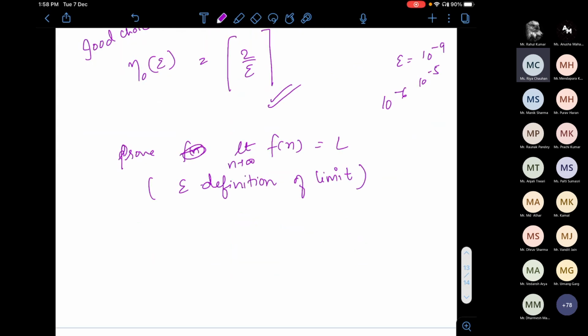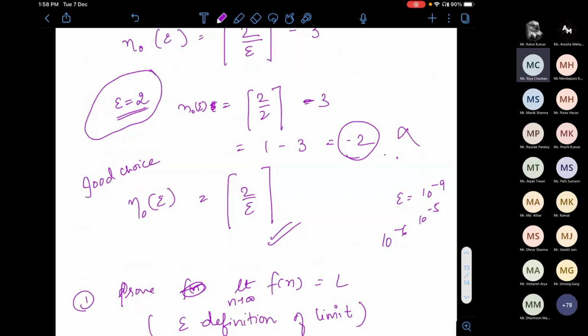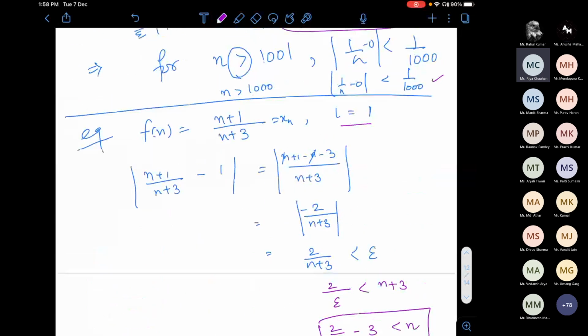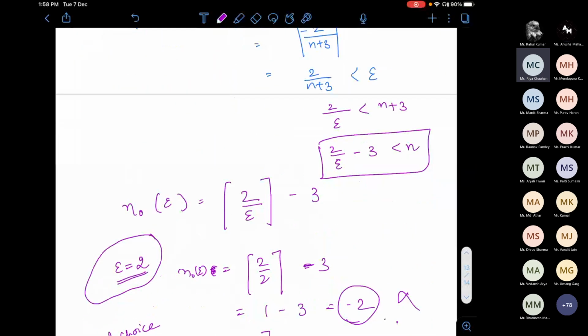Ma'am, if in all the questions epsilon is 2, then the sequence can have any value, right? Any natural number. Yes, then you can write n naught to be greater than, say, any value will cover up. I agree.